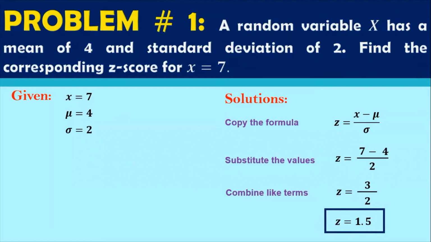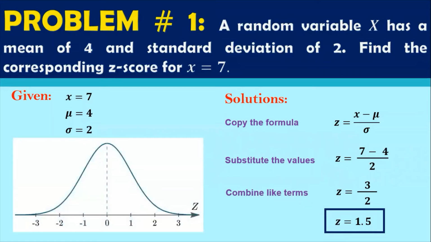Now, since we are done solving for the z-score, next is to plot that in the normal curve. In a standard normal distribution, the normal curve has a mean of 0 and the standard deviation is always equal to 1, meaning to say that the interval in every number is 1. So what we are going to do is to locate the z value, which is 1.5, in the normal curve. So 1.5 is located in between 1 and 2.